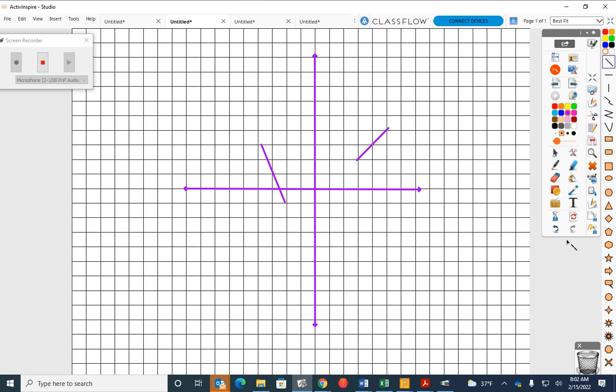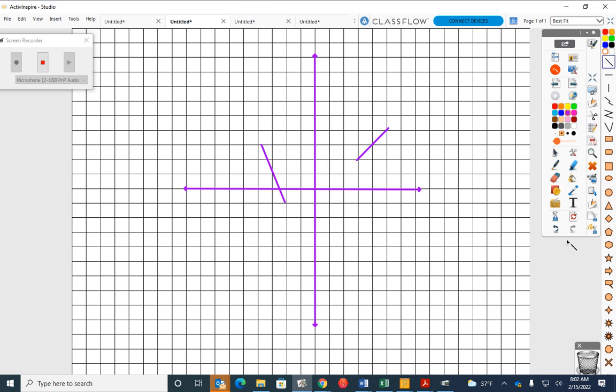Do I need to repeat that, or are we okay? Determine distance on the coordinate plane using the Pythagorean theorem. Are we good? Right below where it says objective.